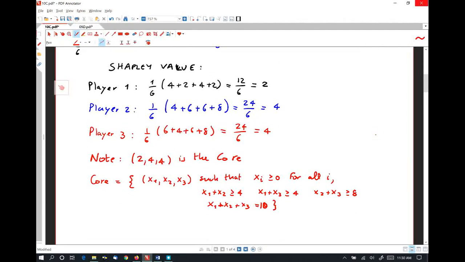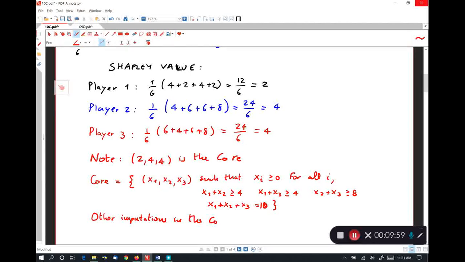So this is in the core, but it's not the only imputation in the core. There are more. So other imputations in the core are, for example, 0, 5, 5.